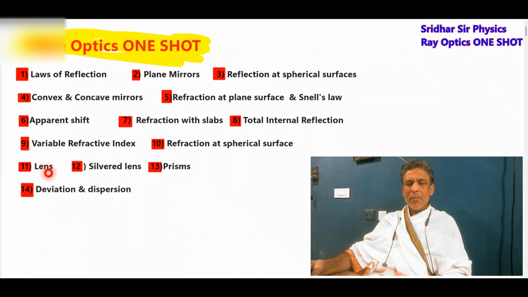If the medium surrounding the lens changes, or if the number of media in the lens changes. Then we'll take deviation of a ray by a prism, dispersion, combination of prisms, achromatic combination. All these things we'll be discussing in the prism and silvered prisms also.